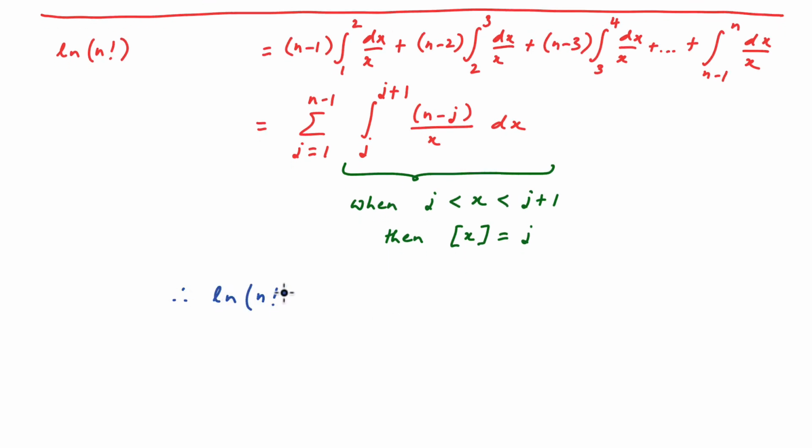ln of n factorial can be written as the summation, j going from 1 to n minus 1, of the integral from j to j plus 1 of (n minus the integral part of x) upon x dx.